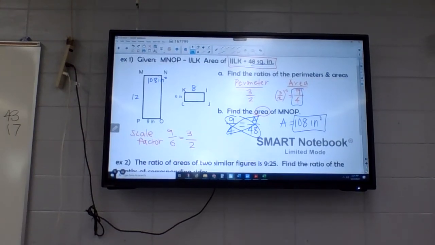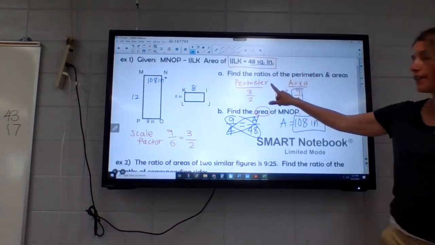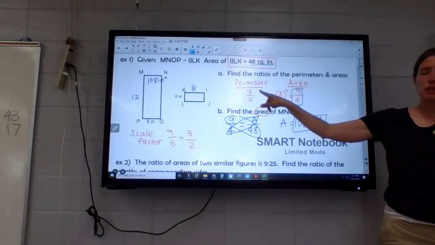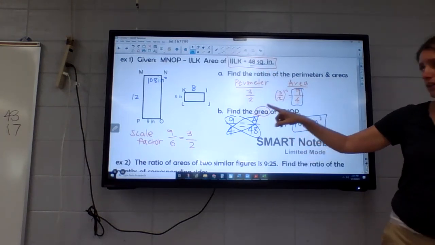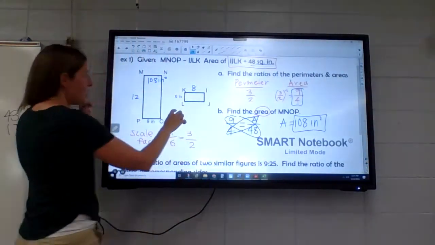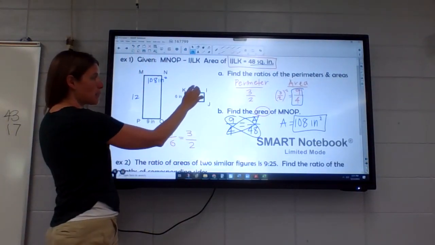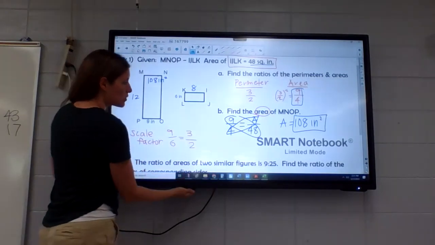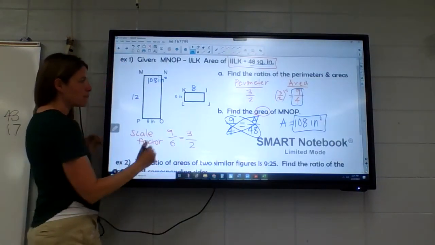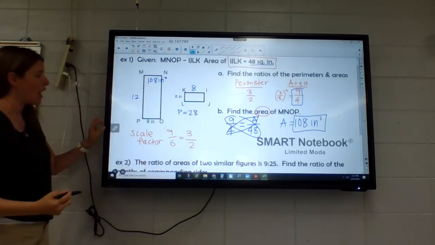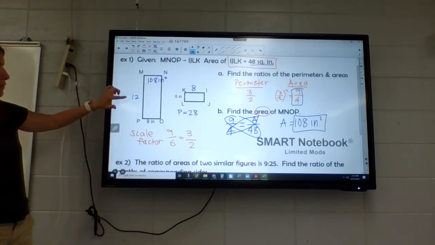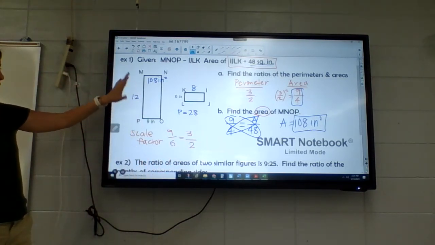Yeah, and real quick, you guys, let's talk about the ratio of the scale factors in the perimeter. This is the same as the scale factor every single time. So if you went and checked, this would be 6 plus 8 plus 6 plus 8. So that would be 28 for the perimeter for this one, I believe. And then this would be 12 plus 9 is 21 times 2.